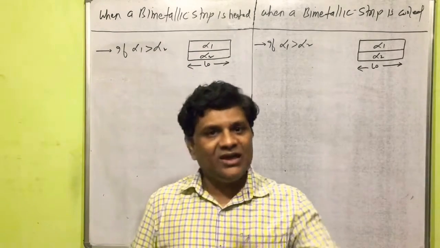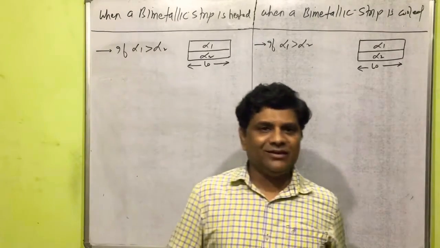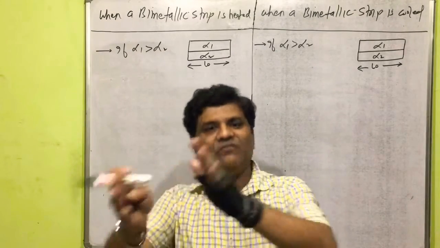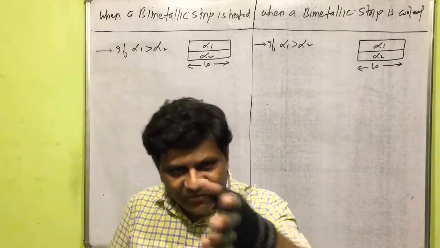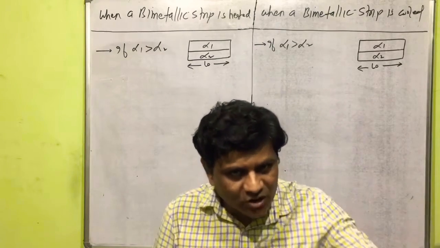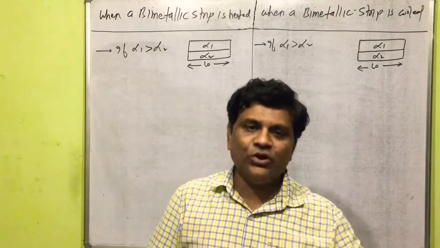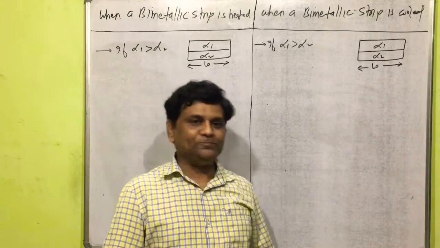Reason, we know a bimetallic strip is made of two materials. So two materials means alpha 1 will not be equal to alpha 2. So we can discuss either alpha 1 greater than alpha 2 or alpha 2 greater than alpha 1, but not alpha 1 equal to alpha 2. Suppose we are taking here alpha 1 greater than alpha 2.